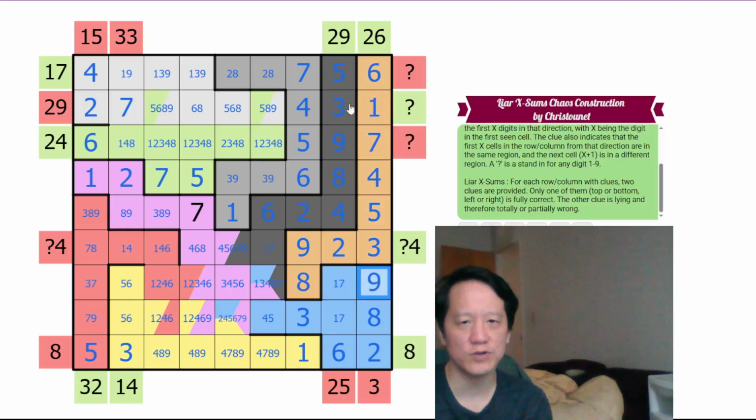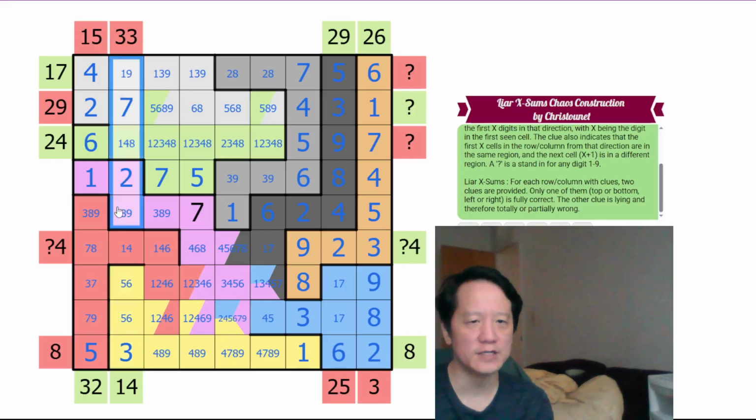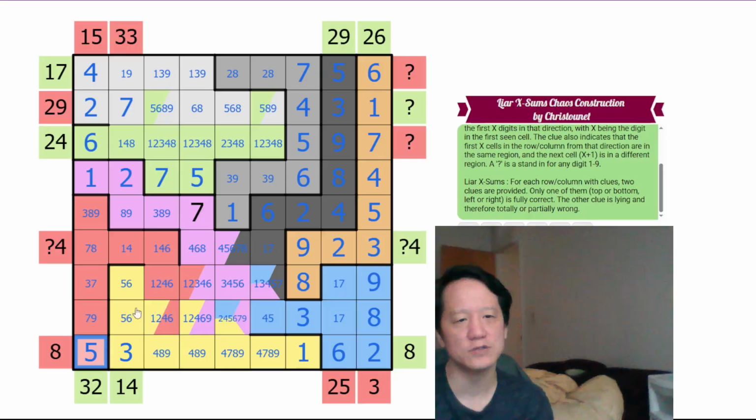And this is a different region. 5 cells in the same region, adding up to 29. 3, 4, 5 is 12, plus 17 is 29, and this is a different region. 3 cells adding up to 14, 3, 5, and 6, with this being a different region, is valid. 1 or 9 cells is not valid. 4 cells in the same region is not valid. 5 cells in the same region adding up to 32, which is 5, 7, 8, and 9, which is 29, plus 3 is 32.